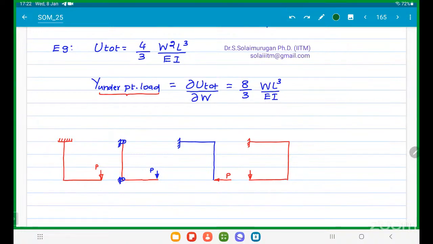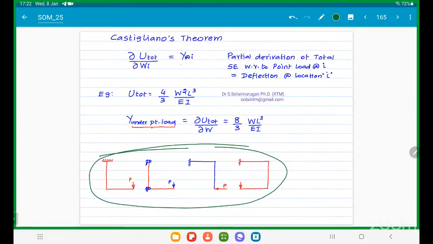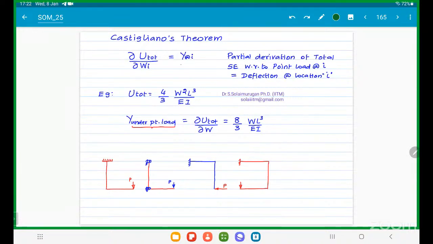For these already asked members, we have to think about which method? Strain energy method, particularly for these three.